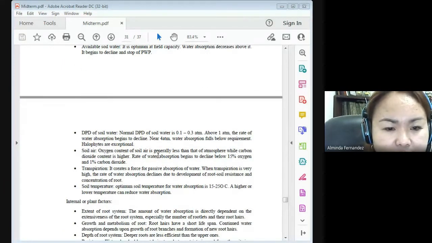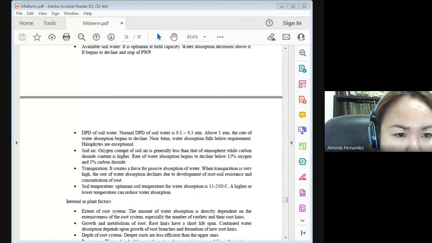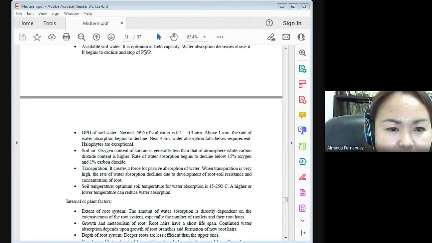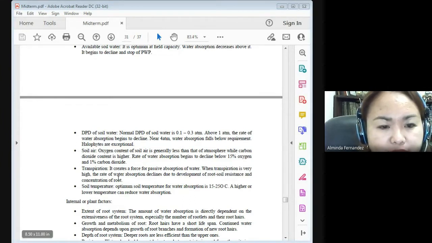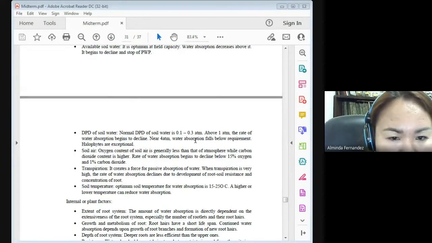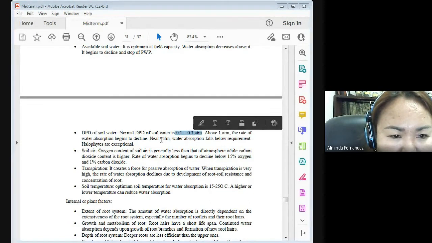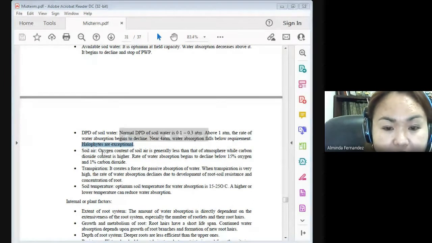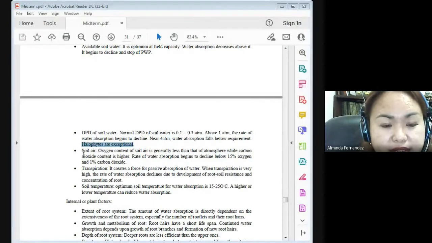And we have the DPD of soil water, and the PWP, or permanent wilting point, when absorption stops and declines. Usually the normal DPD is 0.01 to 0.03. For example, halophytes are exempted from this.